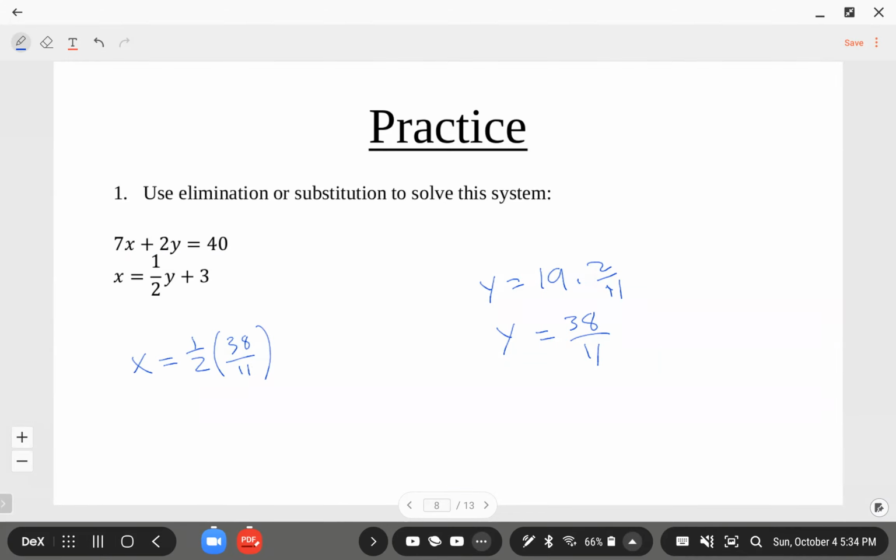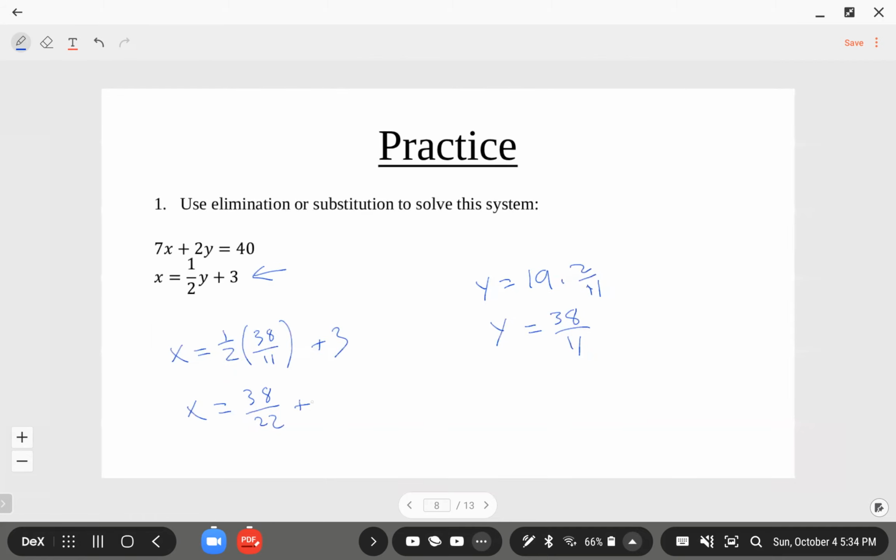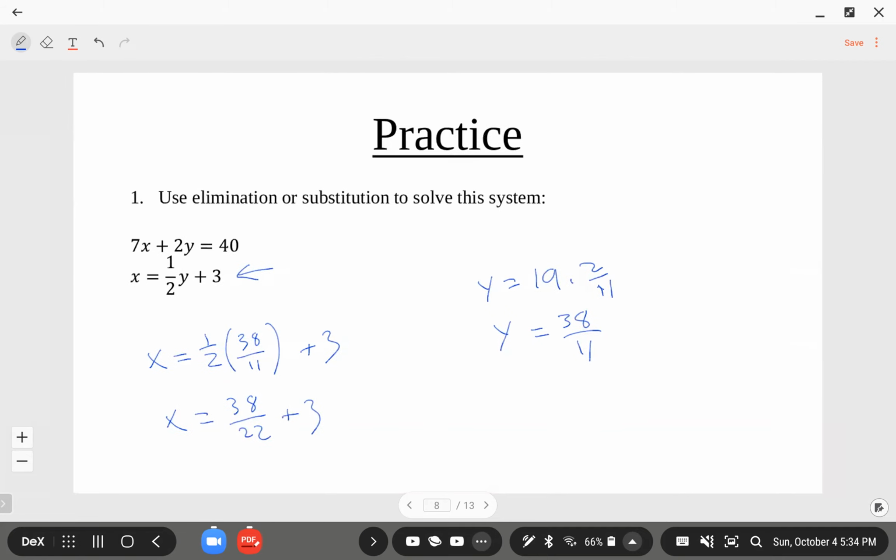We're substituting y into this equation, plus 3. So x equals 38 over 22, plus 3. So then we have x equals 19 over 11.